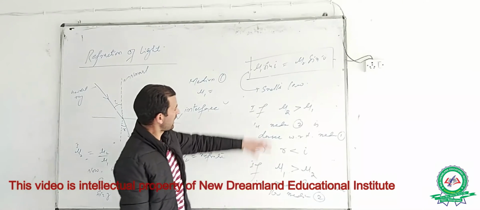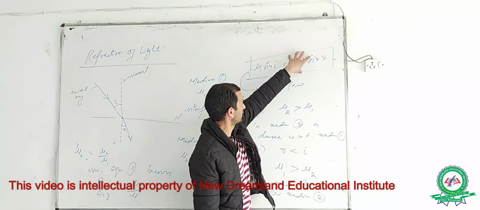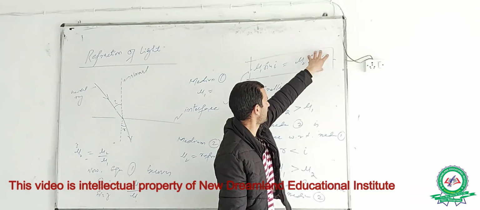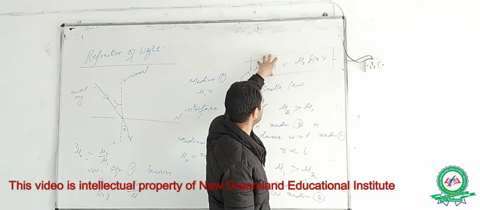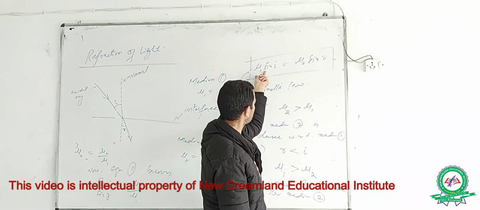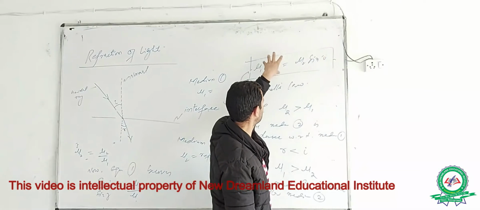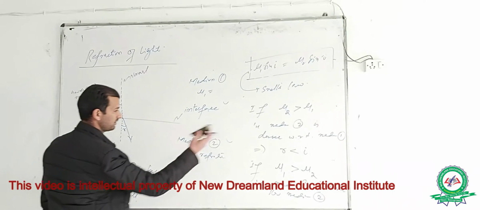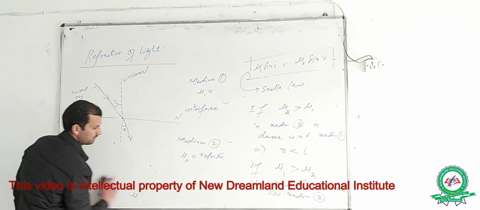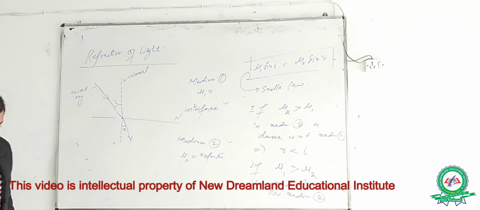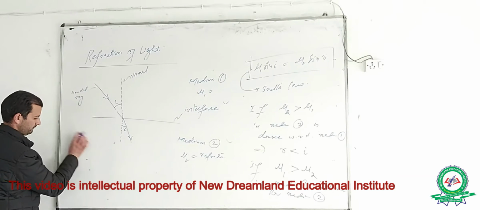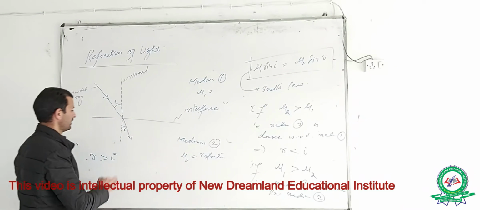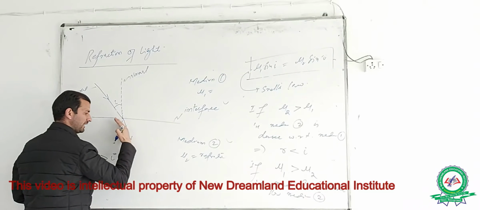Now according to Snell's law, if mu1 is greater than mu2, then sin r must be greater than sin i, because mu2 is less than mu1. So it implies sin r must be greater than sin i, and when will sin r be greater than sin i? When r is greater than i, and r greater than i means the light has to bend away from the normal.